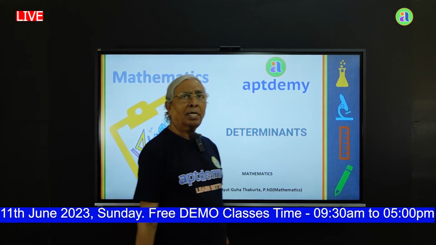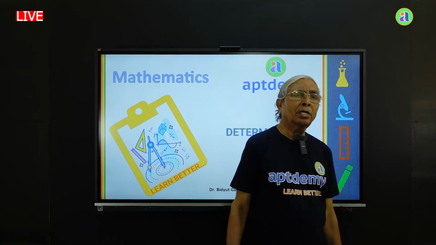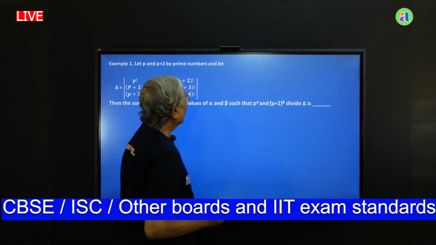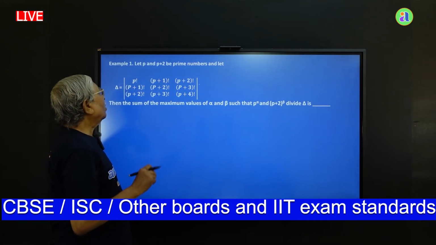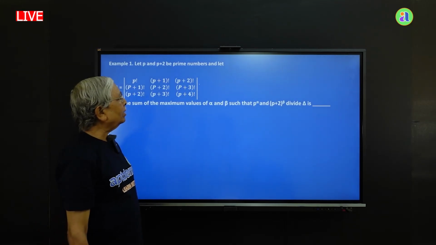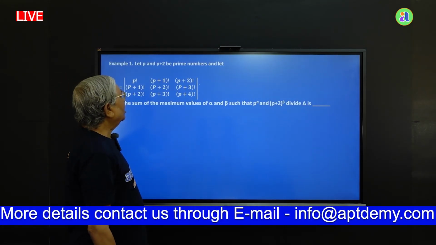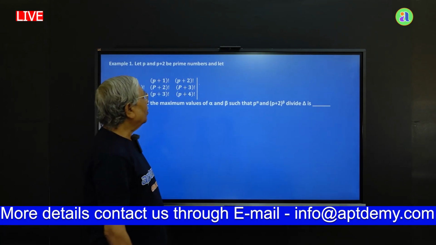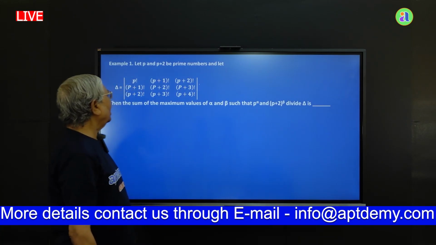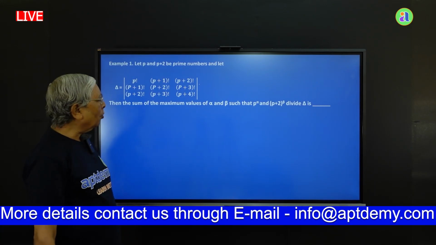Now I shall start the problem on determinants. Problem number 1. Example 1. Let p and p plus 2 be prime numbers and let determinant delta be equal to the determinant with rows: factorial p, factorial p plus 1, factorial p plus 2; factorial p plus 1, factorial p plus 2, factorial p plus 3; factorial p plus 2, factorial p plus 3 and factorial p plus 4.